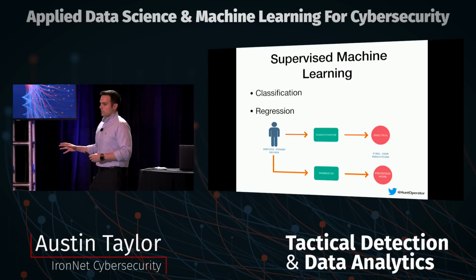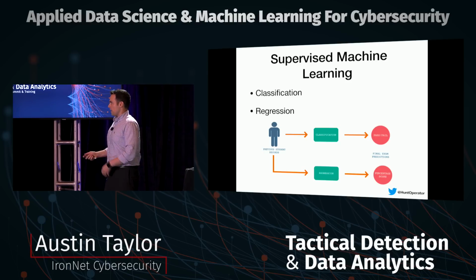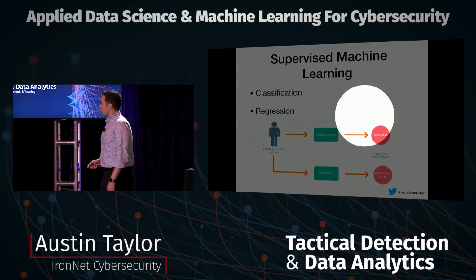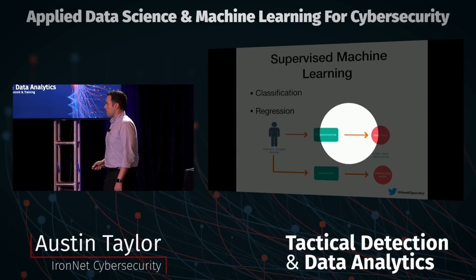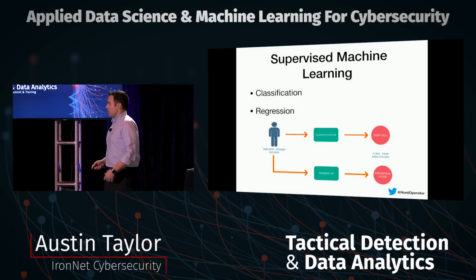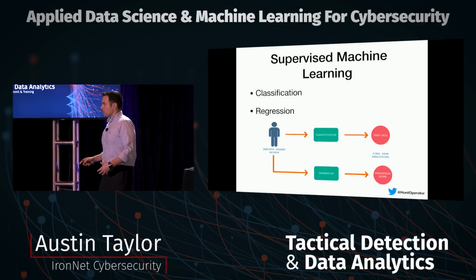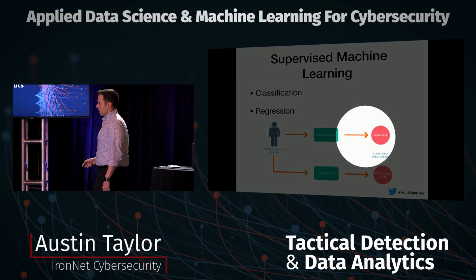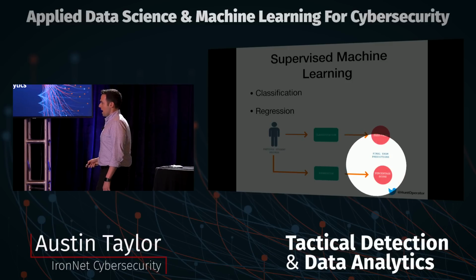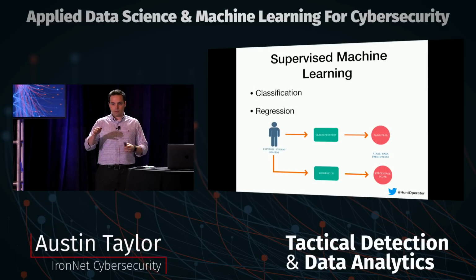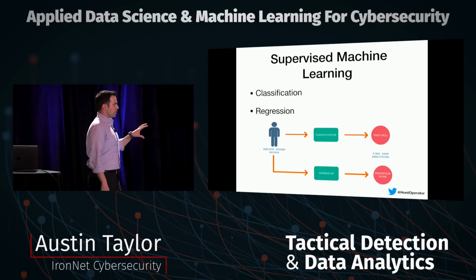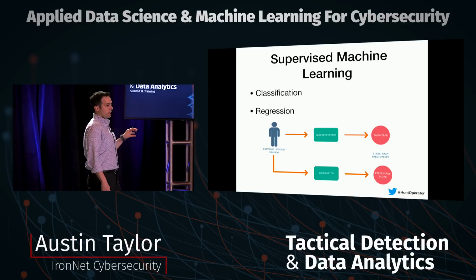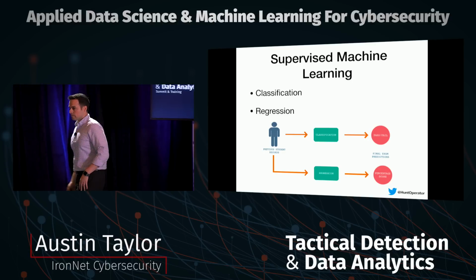So you can do classification, and I have a little diagram here that shows a student and a classification problem, it's very binary. They either passed or failed their final exam. But if you're doing regression, it has a continuous value, and that value is going to fluctuate over a range, like 0 to 100%. So those are the 2 types of machine learning. We're going to cover both in this presentation.